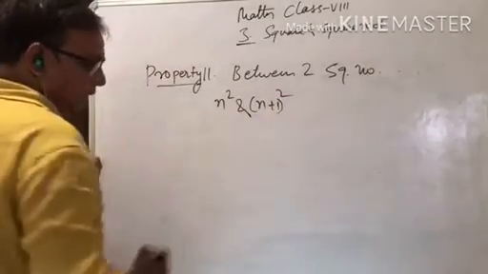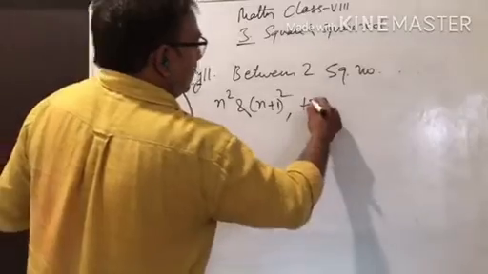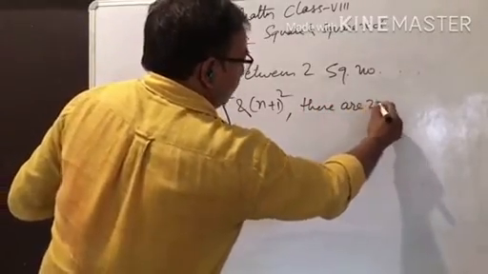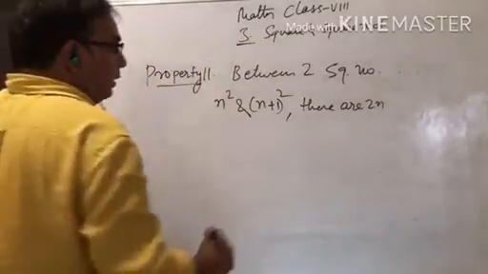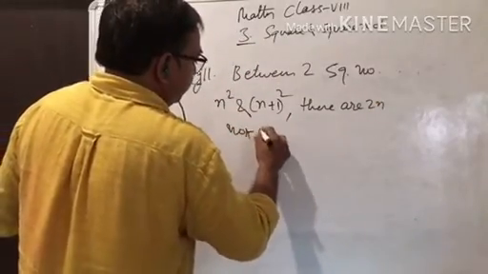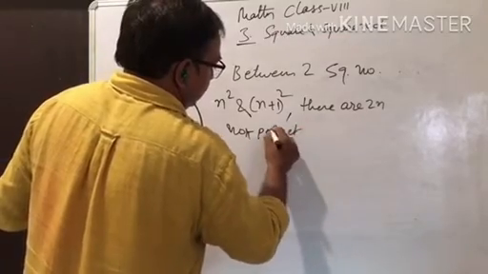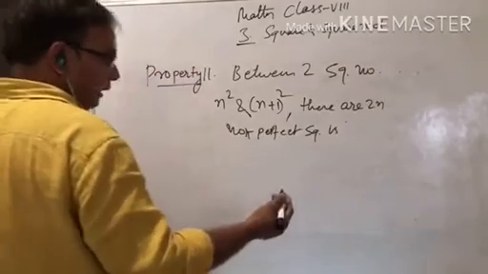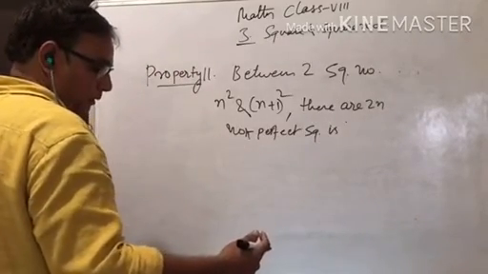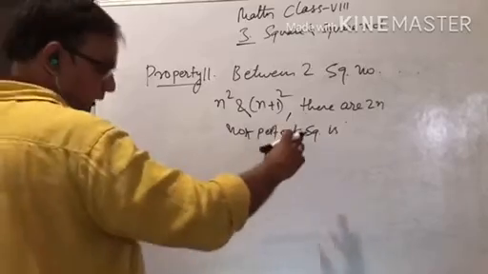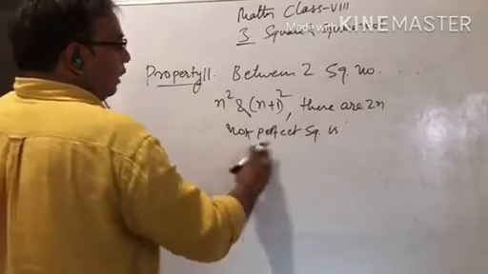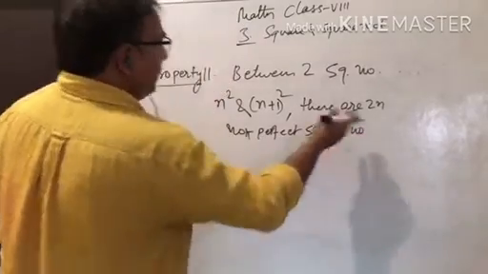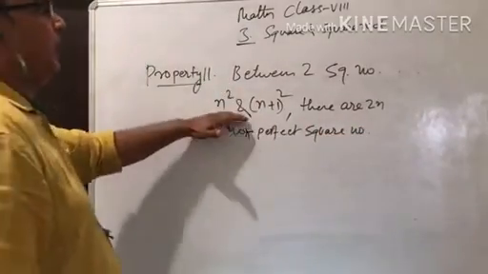Then there are 2n non-perfect square numbers that lie between the two square numbers.